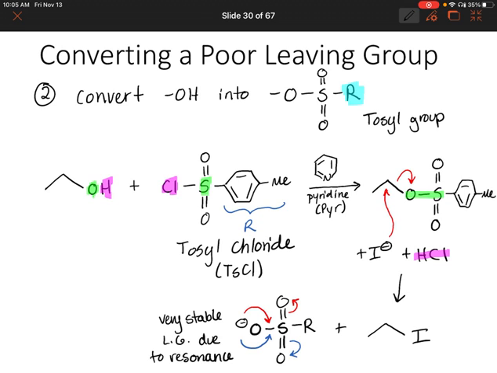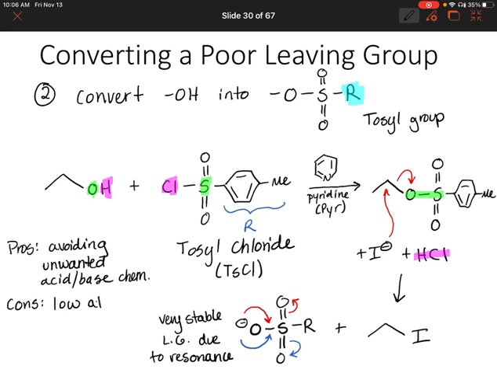All right, so some pros of this reaction: you're avoiding any unwanted acid-base chemistry. But some cons: there's very low atom economy.